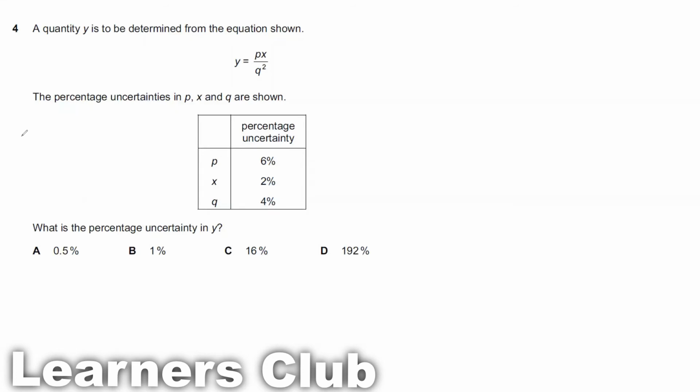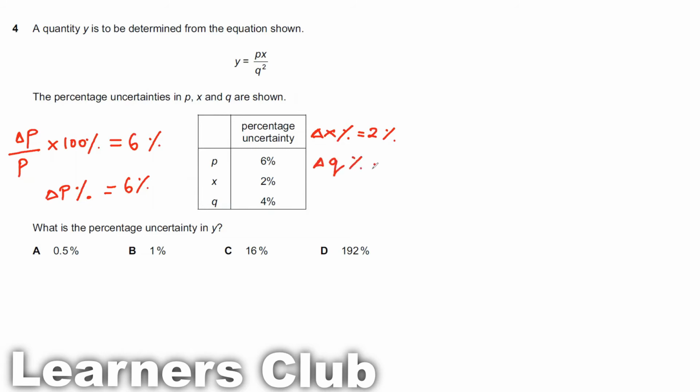If you have p, the uncertainty of p divided by p, this is the fractional uncertainty. If you multiply by 100, you will get 6%. To make things simpler, I have made it as percentage uncertainty this way. Similarly, percentage uncertainty in x is 2%, percentage uncertainty in q is 4%.